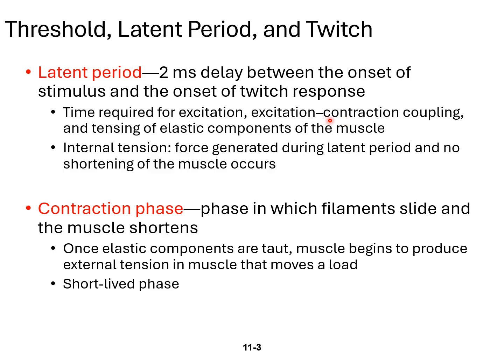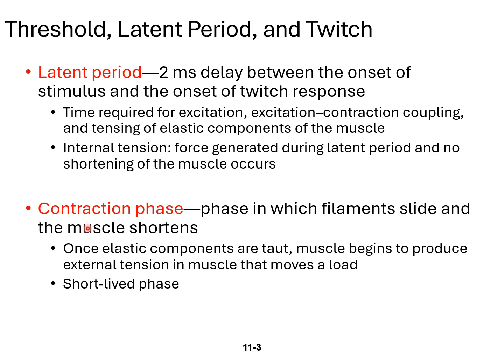This is all the things happening: down the T-tubule, the sarcoplasmic reticulum releasing calcium, the calcium going on the troponin, tropomyosin, the actin active sites, the cross bridges. All of that is happening in that latent period. So even though you just hear latent period, now you know what is all happening during that period where it looks like nothing's happening. A lot of things, and the things that confuse most students, happen during the latent period.